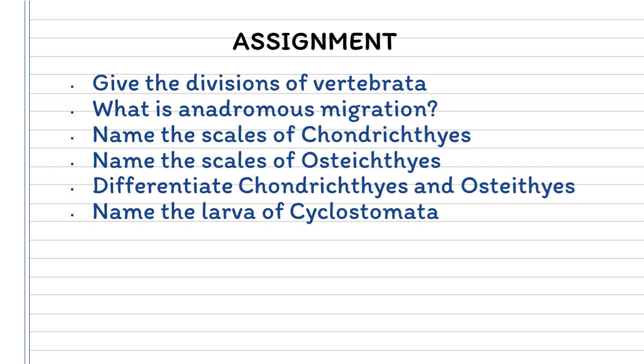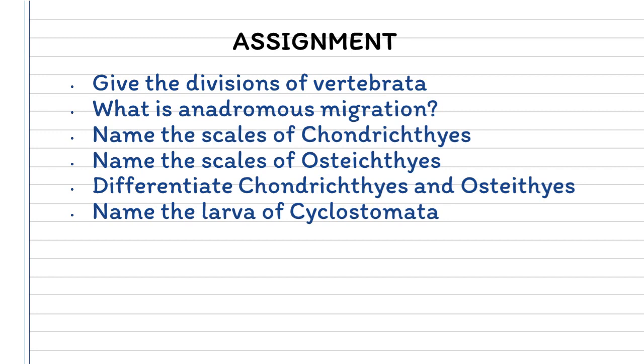Okay, then name the scales of chondrichthyes. That is placoid scale. Name the scales of osteichthyes. That is ganoid, cycloid or ctenoid scales, right? Then differentiate chondrichthyes and osteichthyes. What is the major difference between these two?